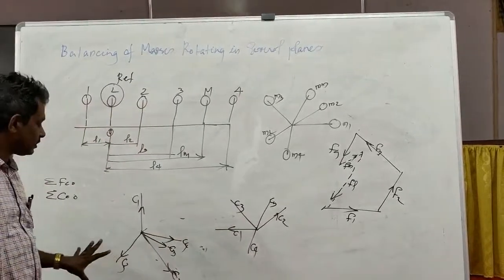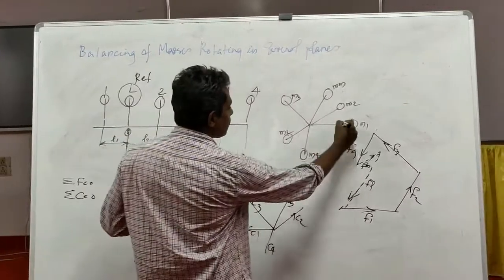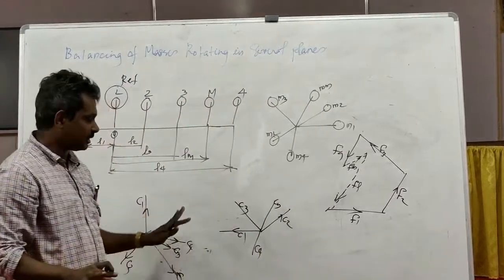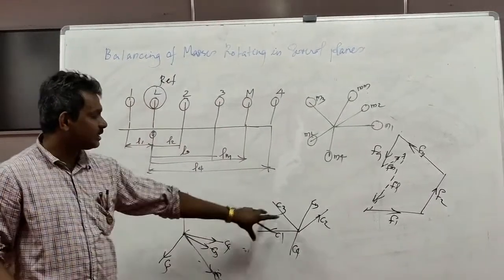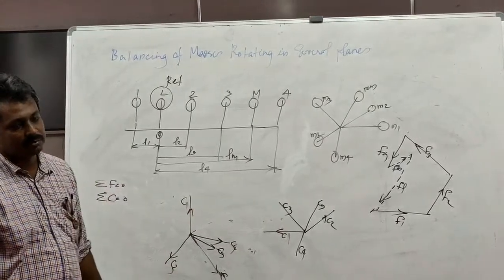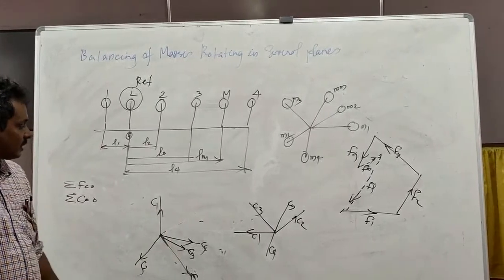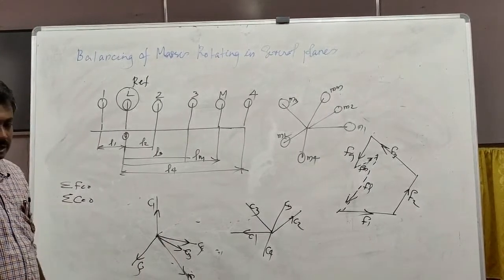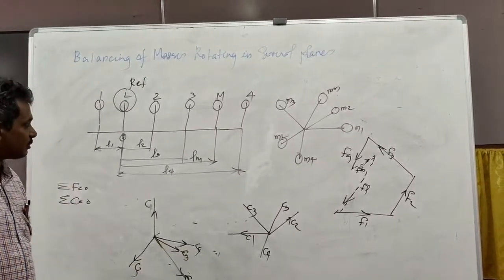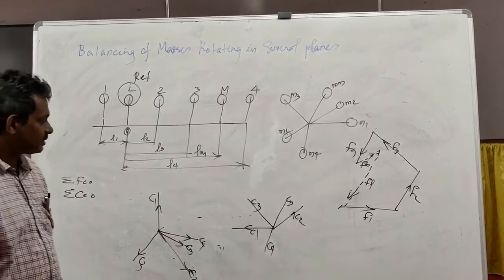I did tell you in the first class, the absolute value doesn't matter, but rotating by 90 degrees will bring convenience. Now we can easily complete the coupled polygon.